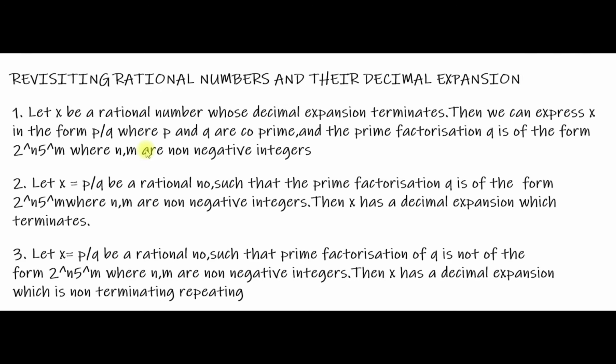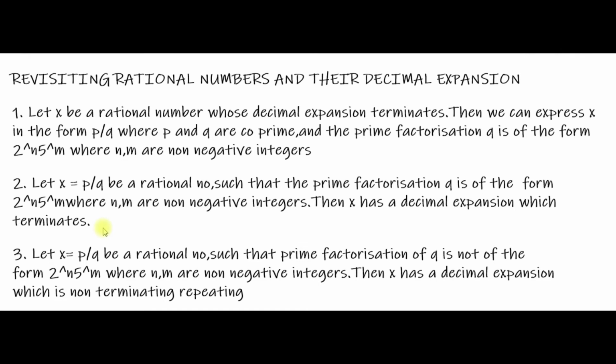Then the second theorem: let x equal to p by q be a rational number such that the prime factorization of q is of the form 2 raised to n into 5 raised to m, where n, m are non-negative integers. Then x has a decimal expansion which terminates.